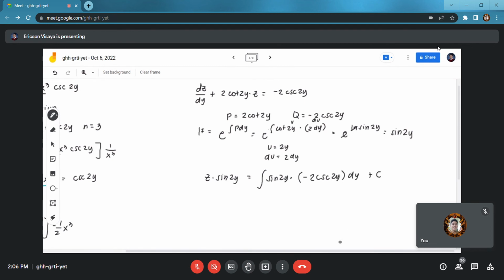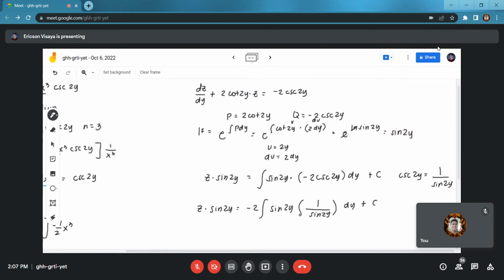So, alam naman natin ang relationship ng ating cosecant 2y. Cosecant 2y is equal to 1 over sine 2y. So, pwede nating labasin itong ating negative 2. So, z times sine 2y is equal to negative 2, the integral of sine 2y times ang ating cosecant 2y. Yan, alam natin na 1 over sine 2y dy plus c.